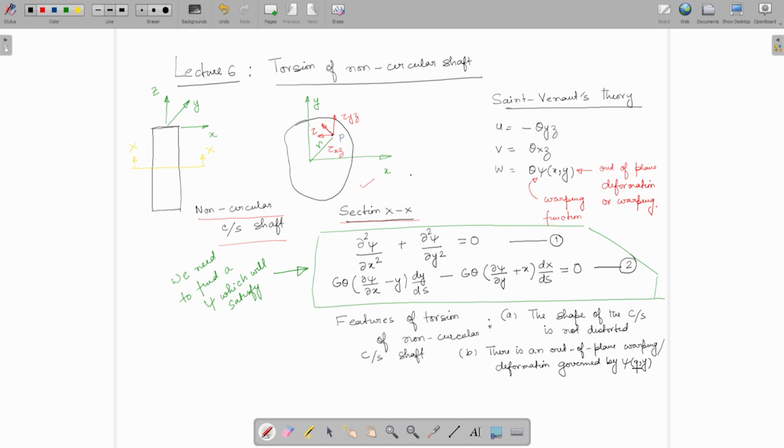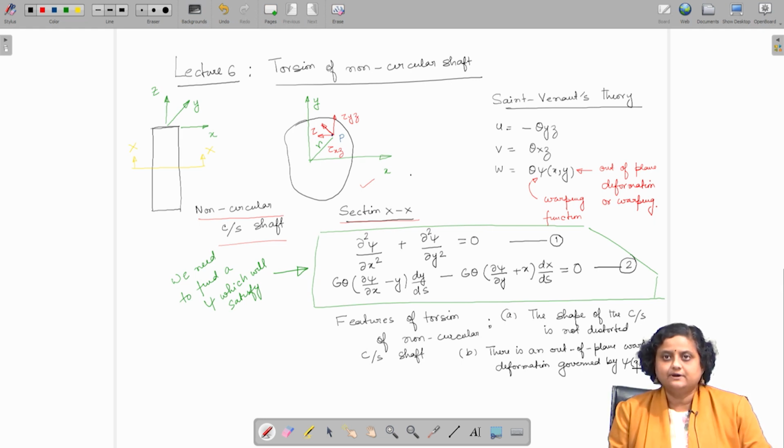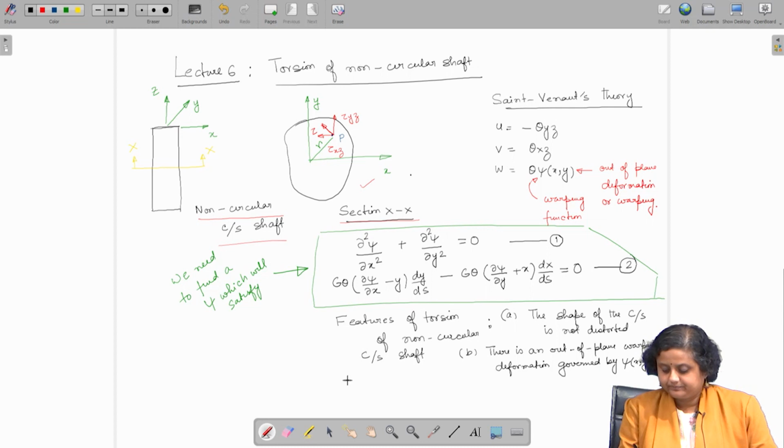But unlike a circular cross section shaft, there is an out of plane deformation which is governed by psi of x, y.